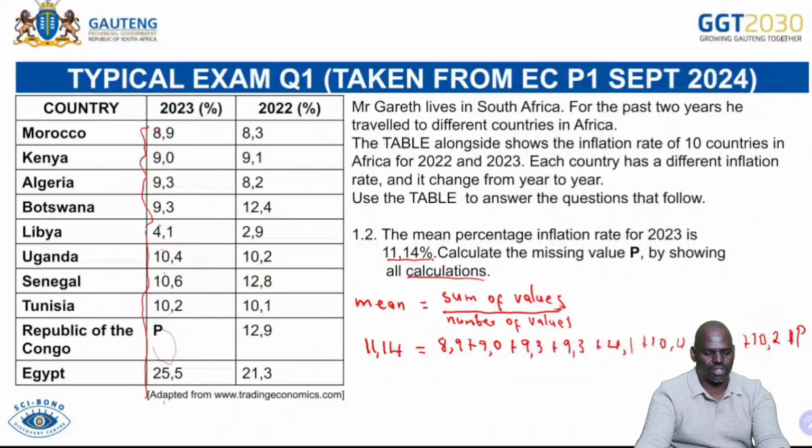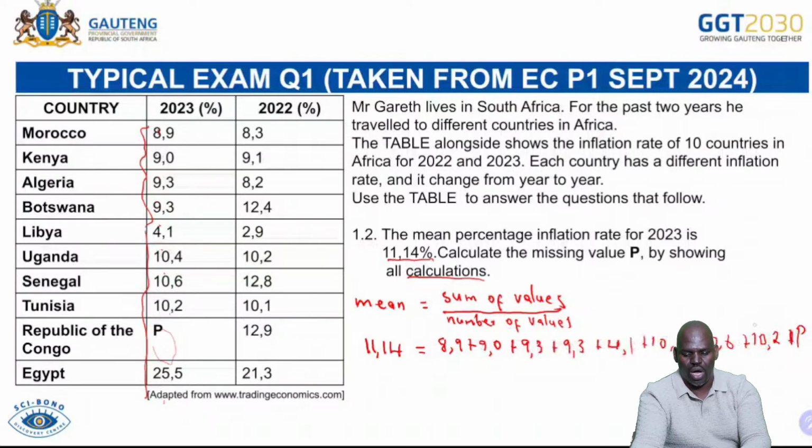Look at this, it is 8.9, 9.0, 9.3, 9.3 again, 4.1, 10.4, 10.6, 10.2, and then the next one, I don't have the value there, I've got P. So I'm just going to say plus P. And then, of course, the last one is 25.5.